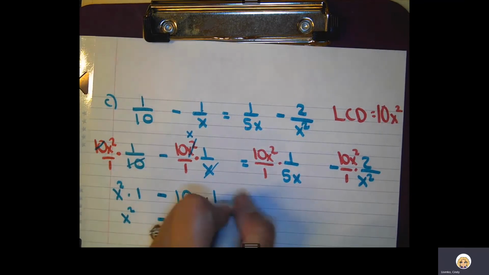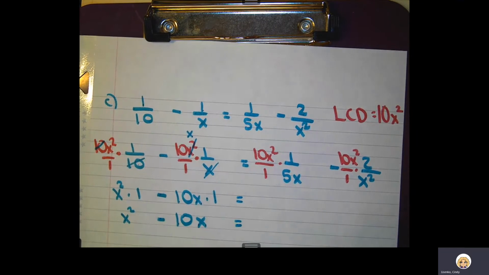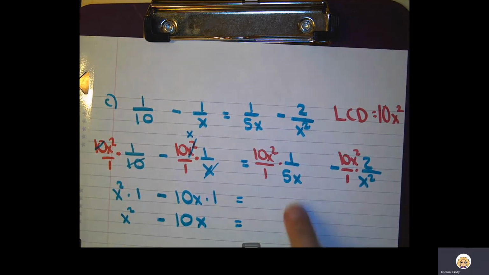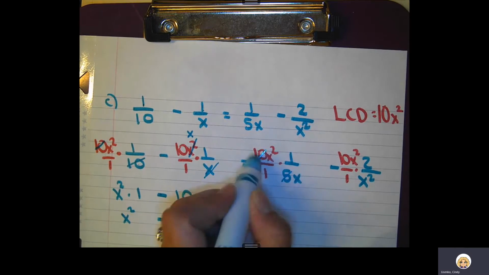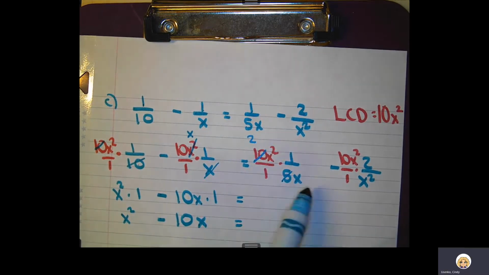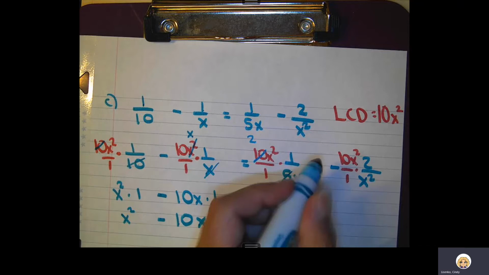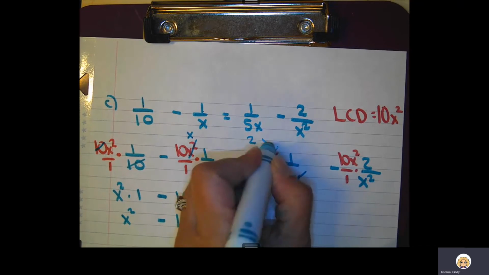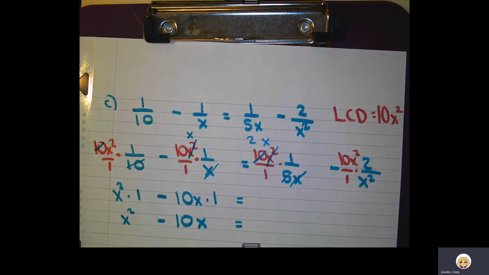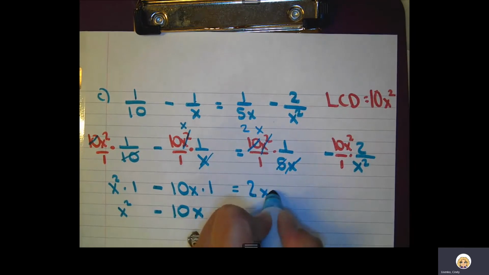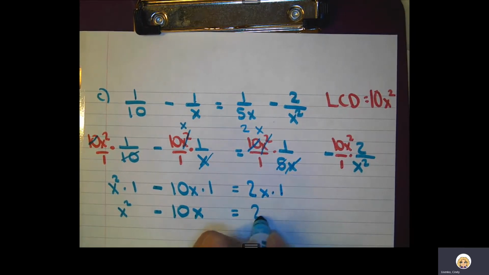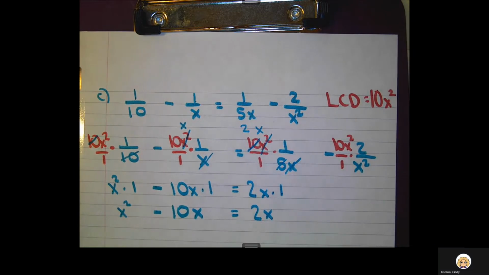Moving over here, bring down my equal sign. If I'm dividing, well, 5 goes into 10 2 times, so I'm going to cross off the 5 and change the 10 to a 2. There's one more x on the top and the bottom, so I get rid of the bottom x and change x squared to x. So notice now I have 2x times a 1. So 2x times 1 is 2x, so you can just skip and write 2x if you'd like.